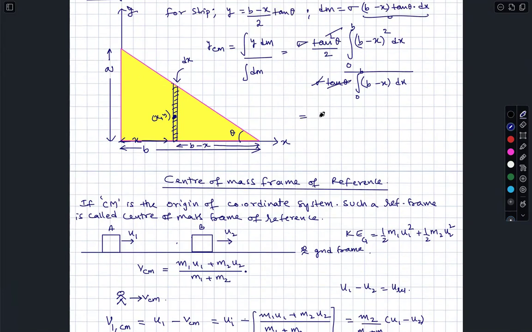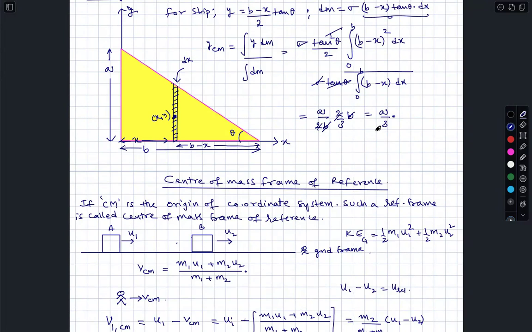So finally, this is a by 2b times, I think this one you'll get as 2 by 3 times B. So after cancellation, you will get A by 3. YCM becomes A by 3.